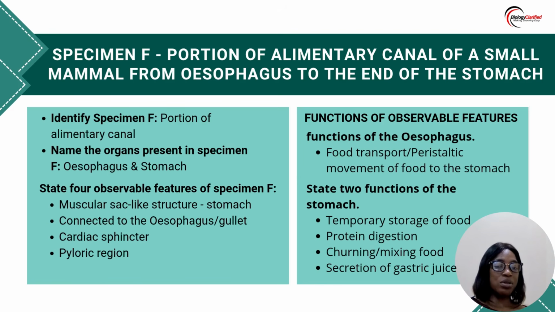Then the functions of the stomach: temporary storage of food. It's responsible for protein digestion. It's also responsible for secretion of gastric juice, which contains enzymes, pepsin and renin, in an acidic medium. Then it's responsible for churning and mixing food.